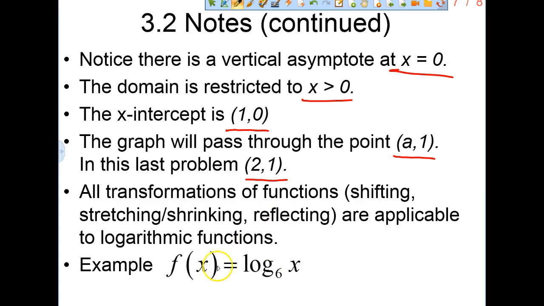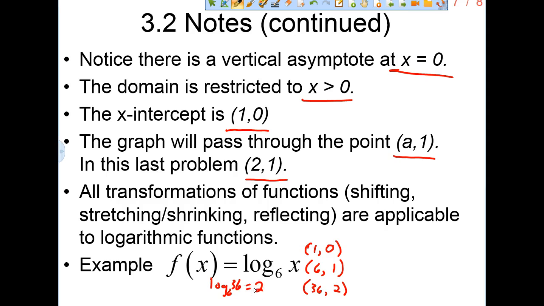So, for example, f of x equals the log base 6 of x. This graph is always going to go through 1, 0. It's going to go through 6, 1. And then you could do one of two things. You could go through 36, 2, because that would be the log base 6 of 36, meaning 6 to the what is 36?